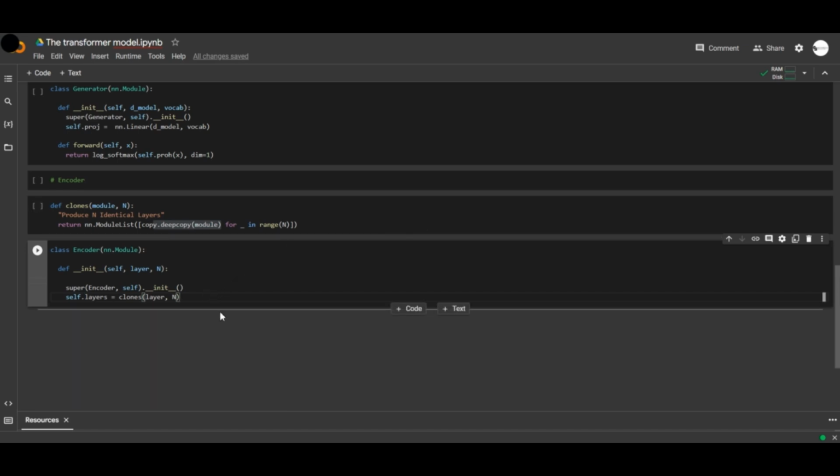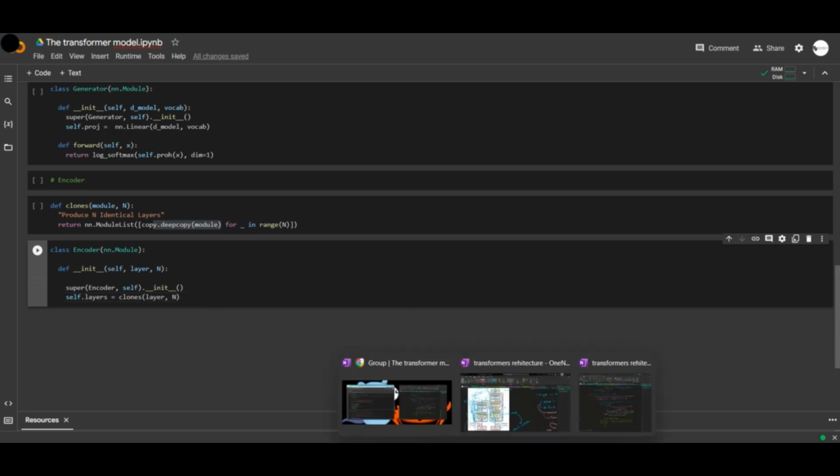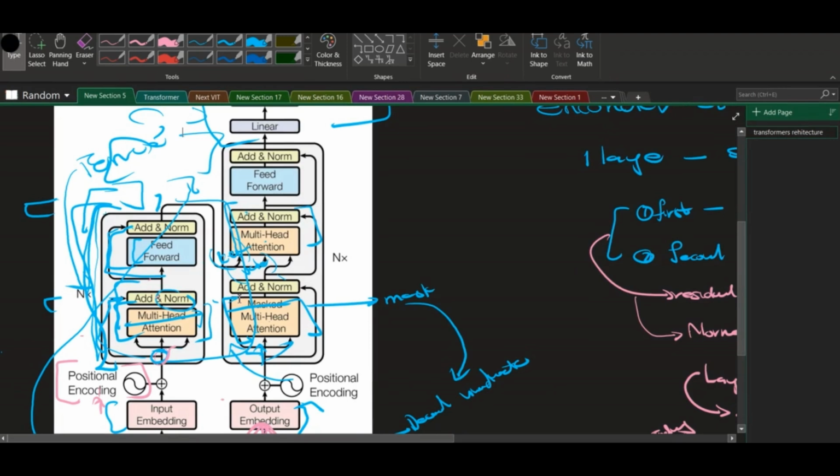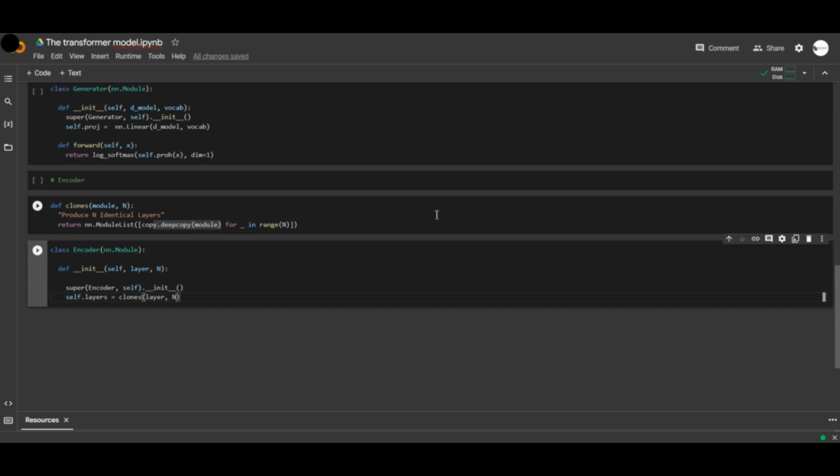After we go through each layer, the final output has to go to the layer norm. Let's look at the diagram: you see here we have a layer norm, so that's where the final output goes into. The layer norm makes sure it normalizes the activations before it returns the output.